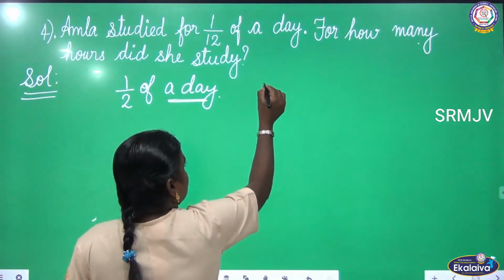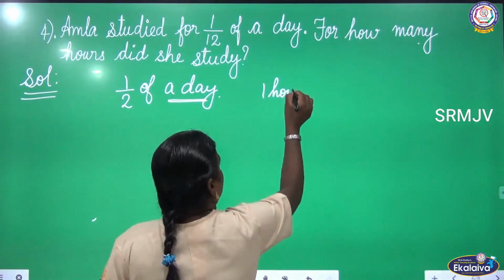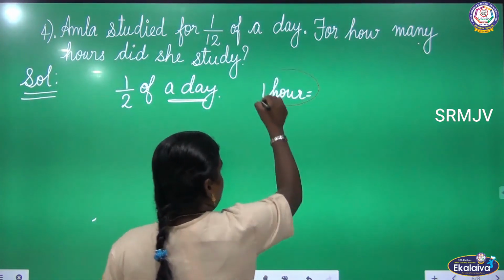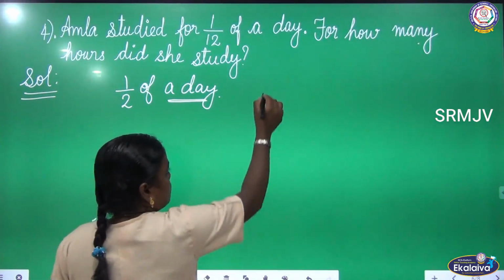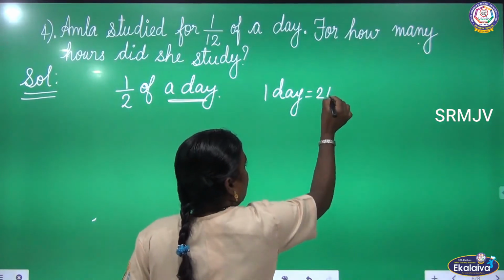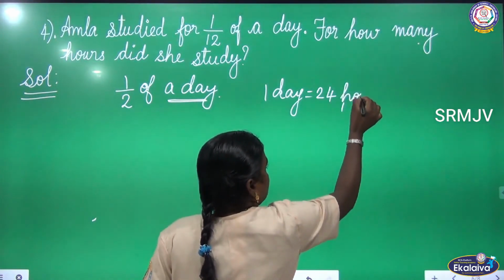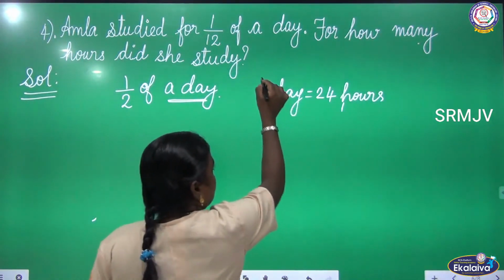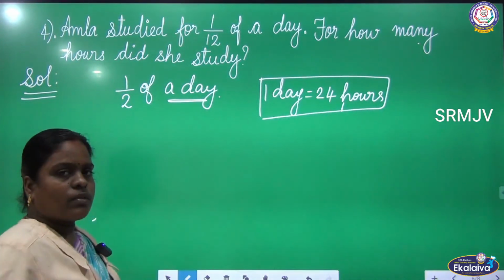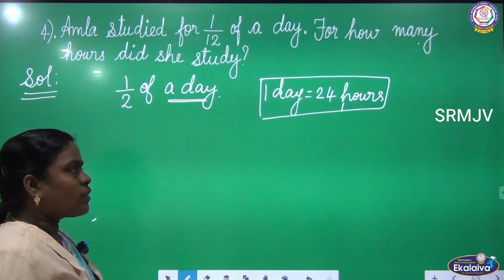Yes, 1 day equals 24 hours. So we are going to use the number 24. So we know that 1 day equals 24 hours.